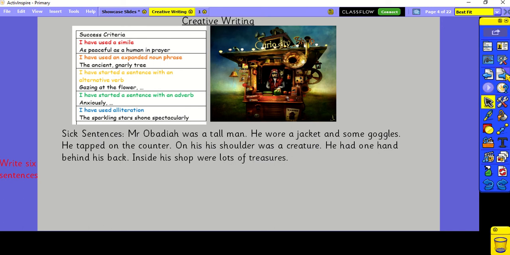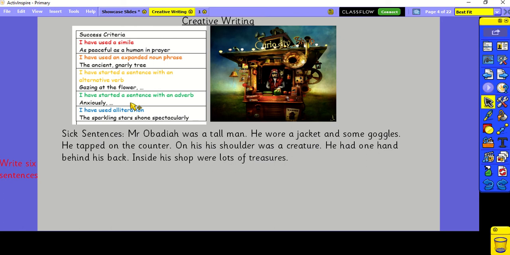So the ancient, comma, gnarly tree is my example. I have started a sentence with an alternative verb. Gazing at the flower, comma, and then finish the sentence. Gazing is the alternative verb because it is a more interesting way of saying looking. It is a powerful verb.